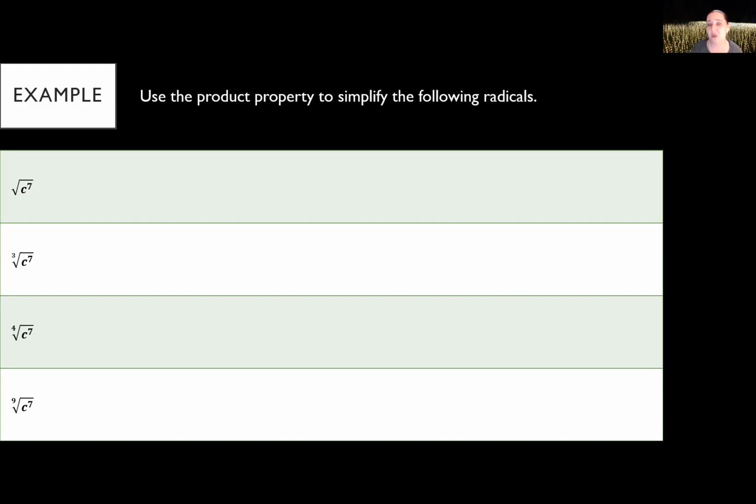I'm going to go the long way to show you how to do this problem, just so you can see what's really going on, and then we'll do the shortcut way. So c to the 7th means we're multiplying c 7 times. So I'm going to start by just writing c 7 times multiplied together.